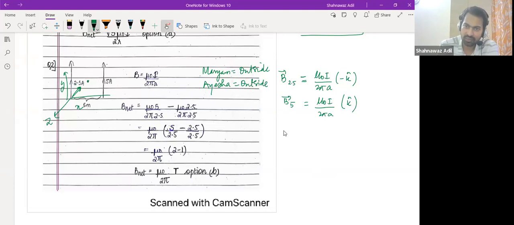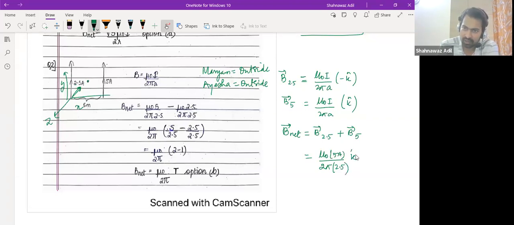Now, if I calculate the net magnetic field, this is the vector sum of these two. So this would be what? This is positive: mu naught, and this is 5 ampere, over 2 pi and 2.5, whatever, this is meter, K hat.